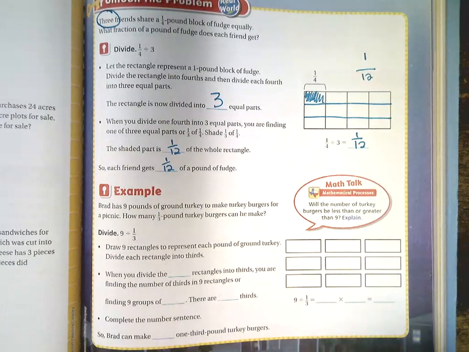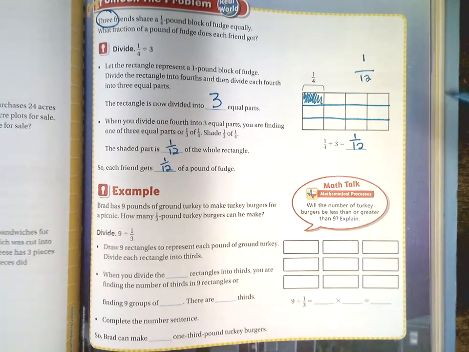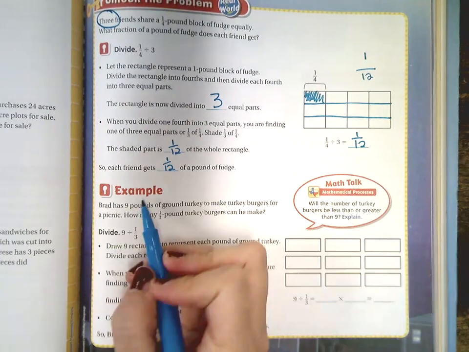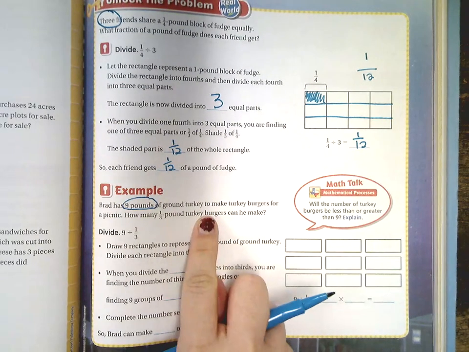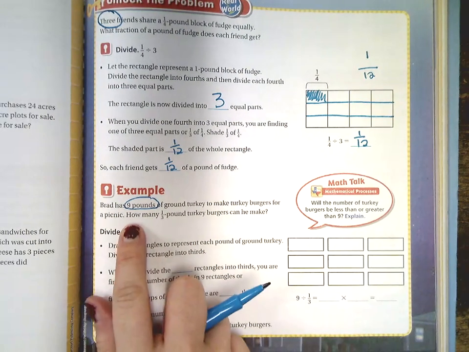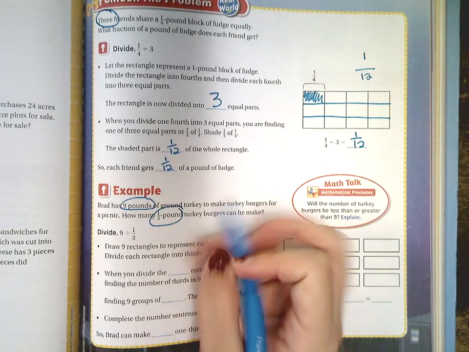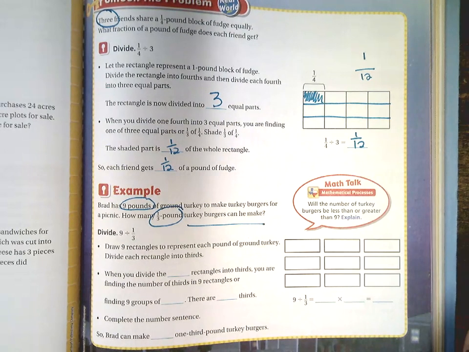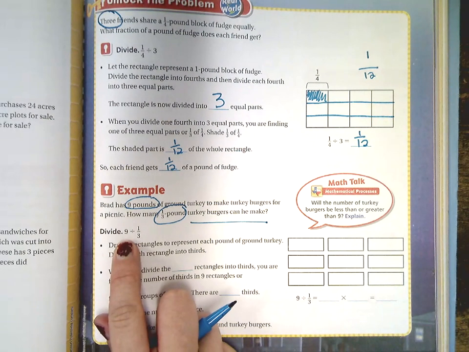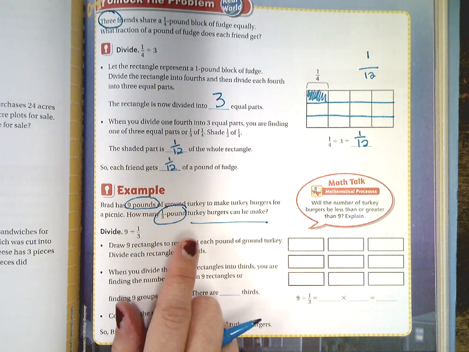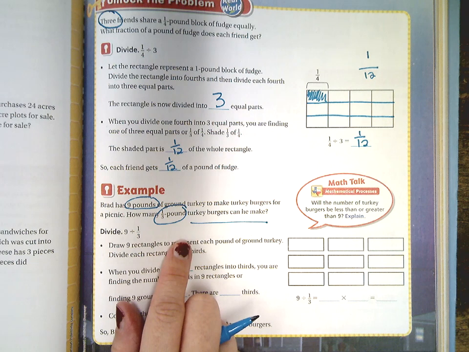Okay, now look at a different example. Brad has 9 pounds of ground turkey to make turkey burgers for a picnic. How many 1/3 pound turkey burgers can he make? So now I'm starting with a whole number, so I'm going to end with a whole number.